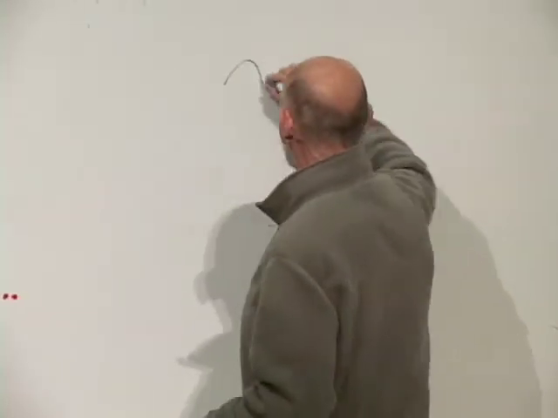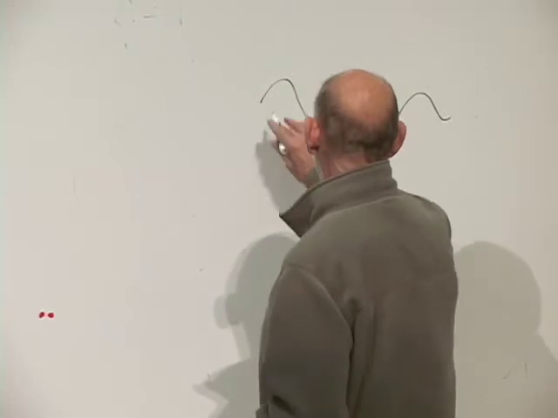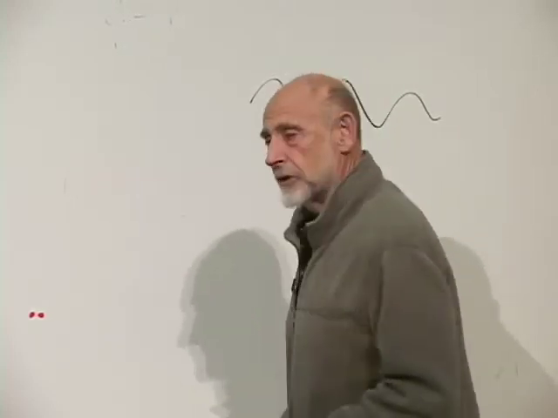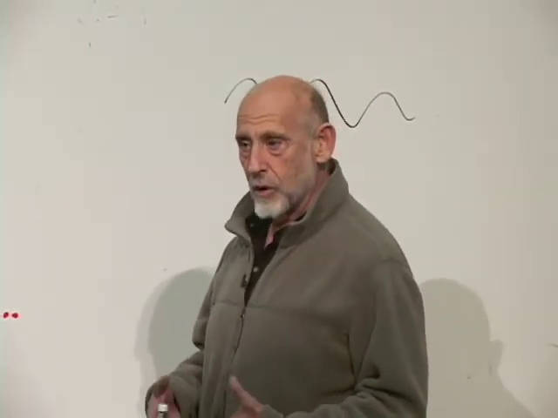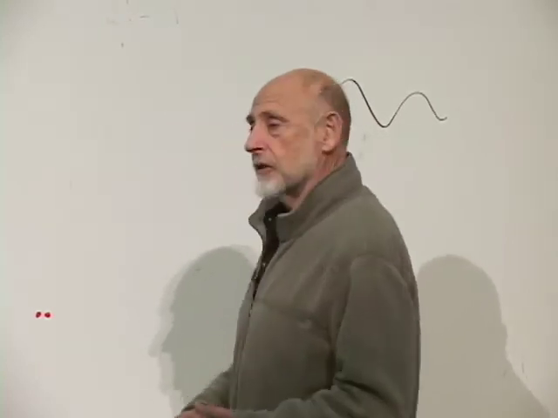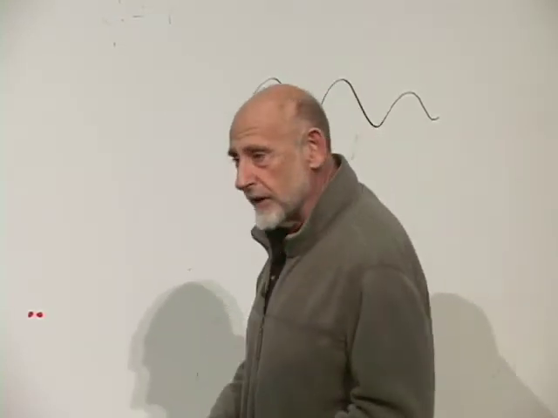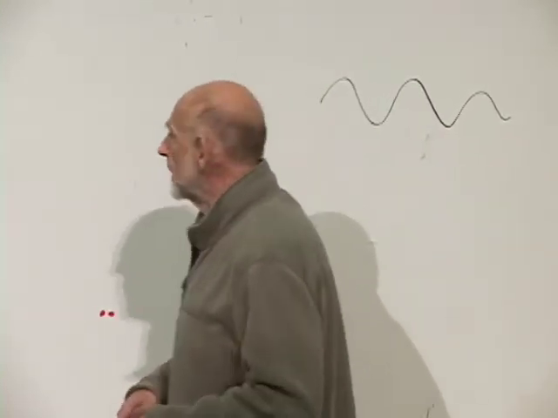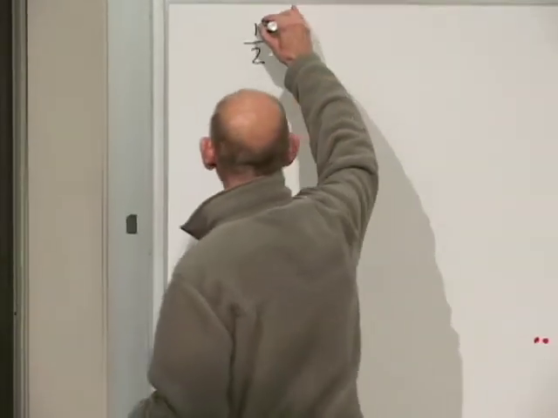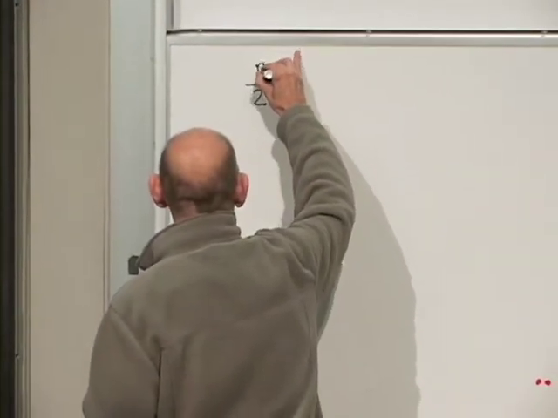Each one of the oscillating modes of the string, the nth oscillating mode has frequency n. So the ground state energy of the nth oscillator is just n over 2, in some units, is n over 2.